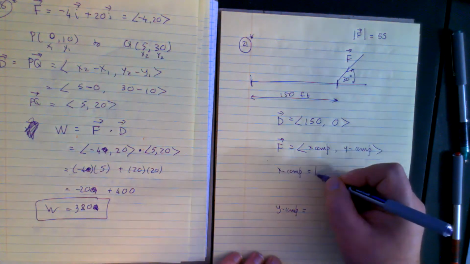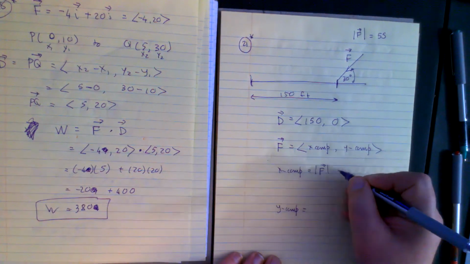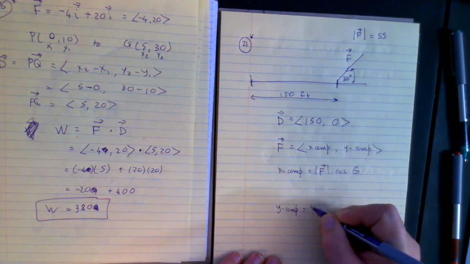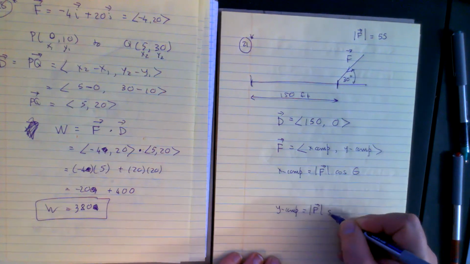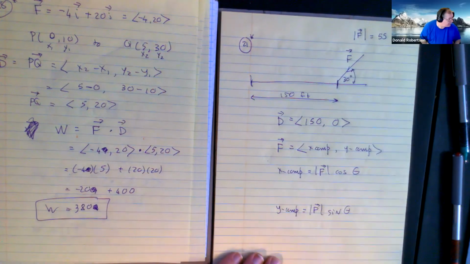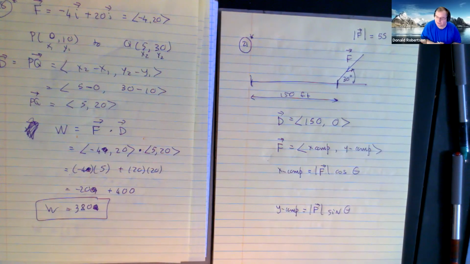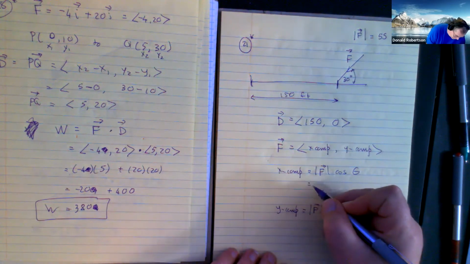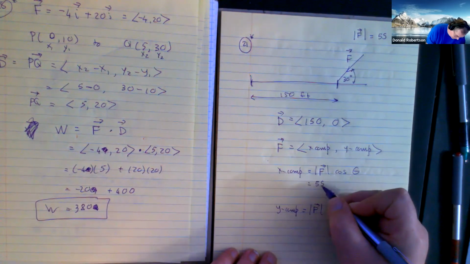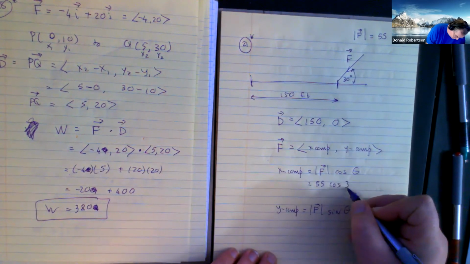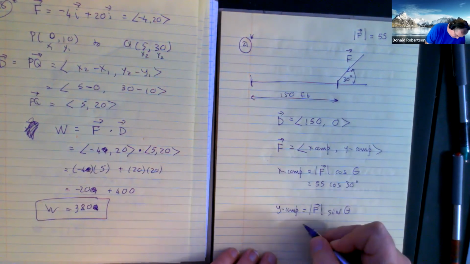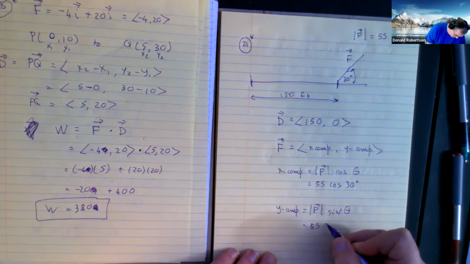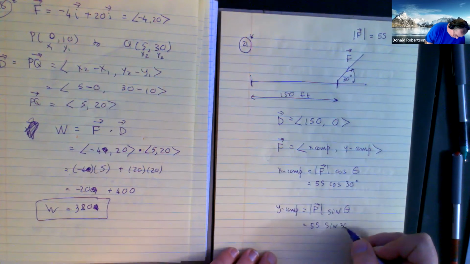It's the magnitude times the cosine, and then the magnitude times the sine. Are we comfortable with that? You remember those guys? So in this case, it's going to be 55 times the cosine of 30 degrees, and here it's going to be 55 times the sine of 30 degrees.